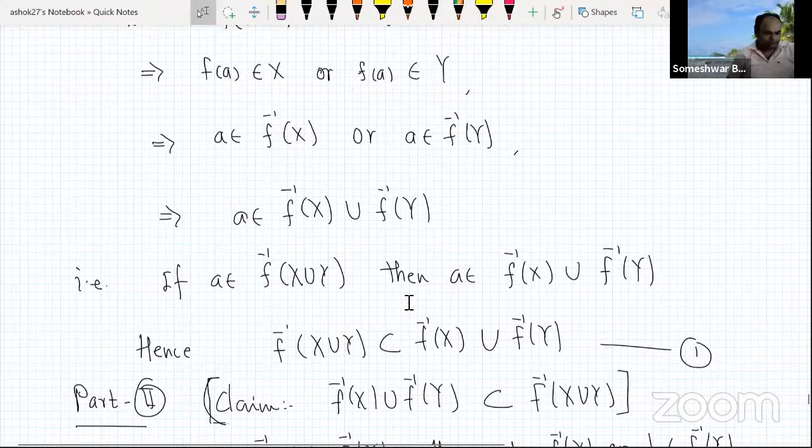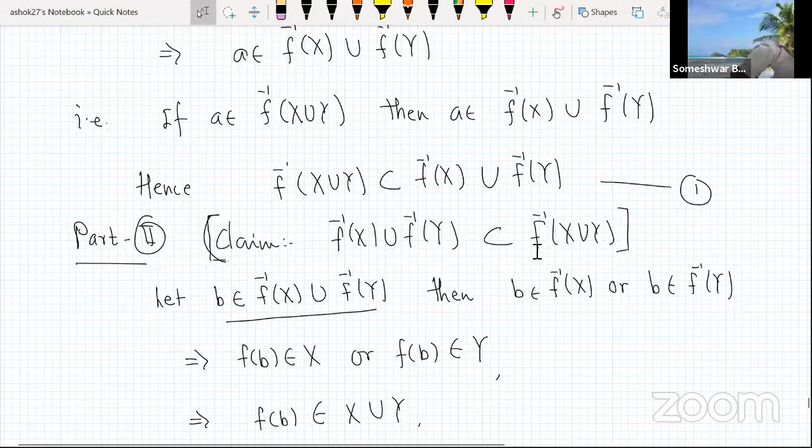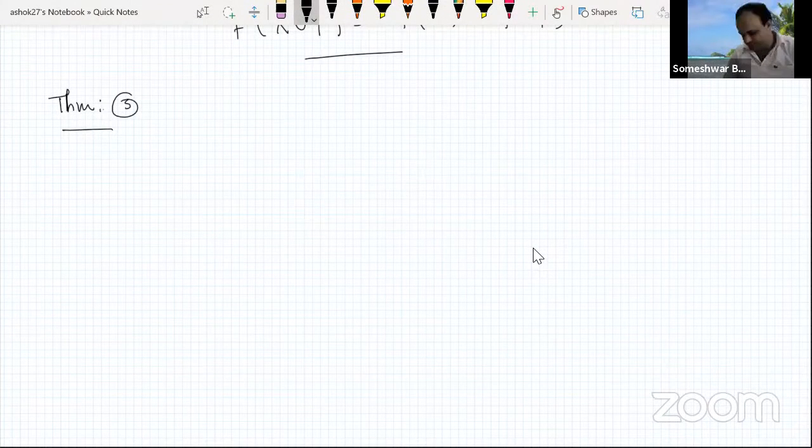So next we'll prove the next theorem. Actually, it is the third theorem here. Theorem 3. What is the statement?